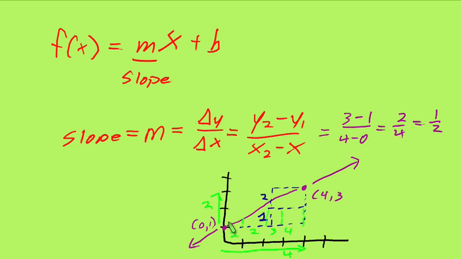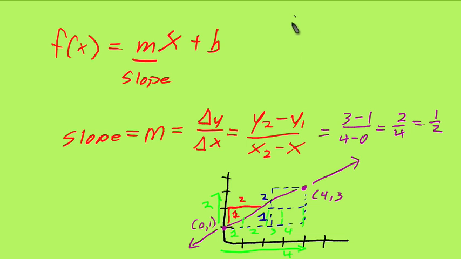So for every 1 increase on the y-axis, we have a 2 increase on the x-axis. Alright, so if that was difficult for you, then you'll probably want to really review algebra.